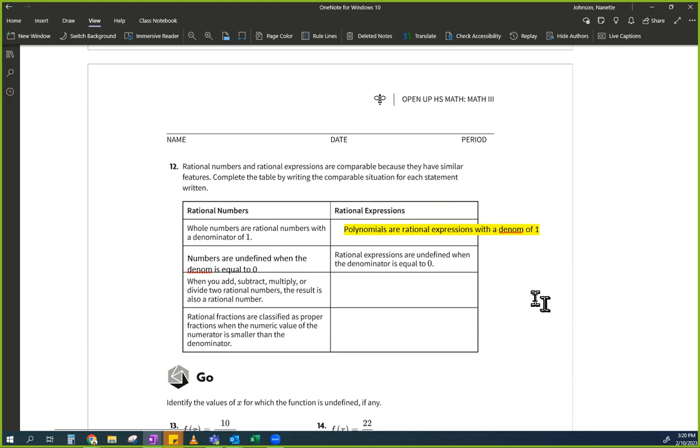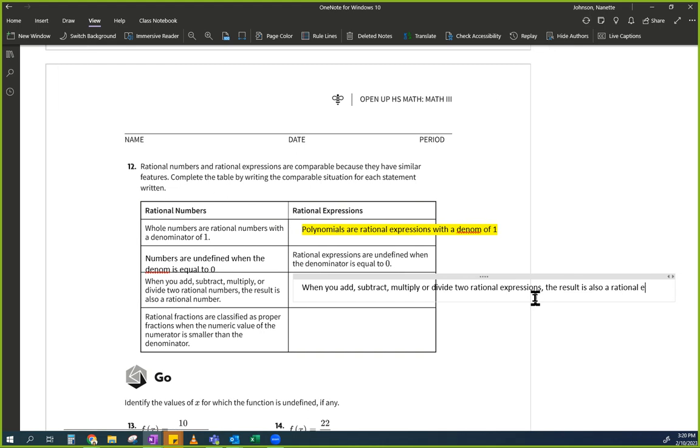Okay, so when you add, subtract, multiply, or divide two rational expressions, the result is also a rational expression. So this is true. And there's actually a term for this in math.